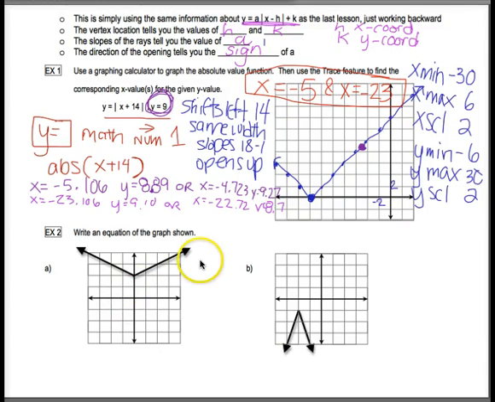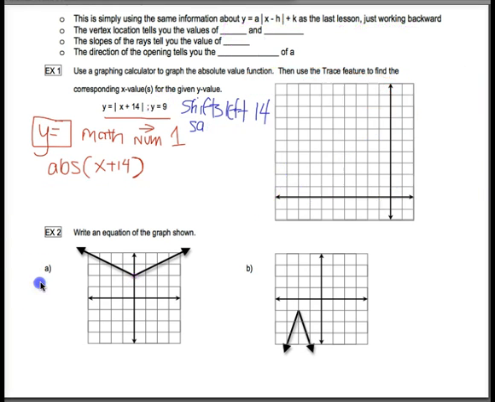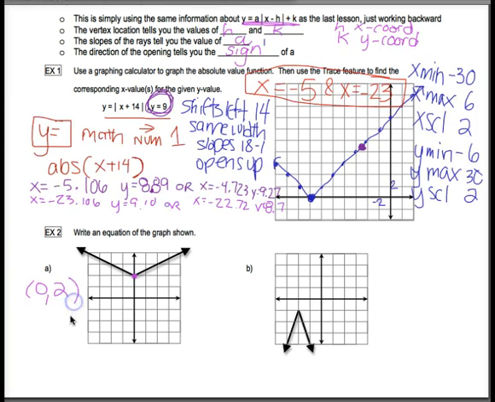So here we have a lovely absolute value function, and again, you could write this as a piecewise, but absolute value is a little easier. So first thing, identify my vertex. Vertex is right there. That is at the point (0, 2). So that means h is 0, k is 2.